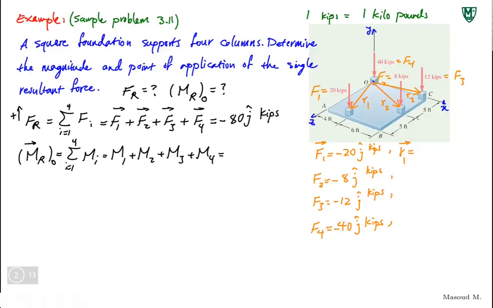Can someone tell me what that is? R1, looking at the XYZ coordinate system, would be the position vector from point O to the point where F1 is applied to the plate. So R1 is in the XZ plane, right? It's not going to have any Y component. What are its X and Z components?